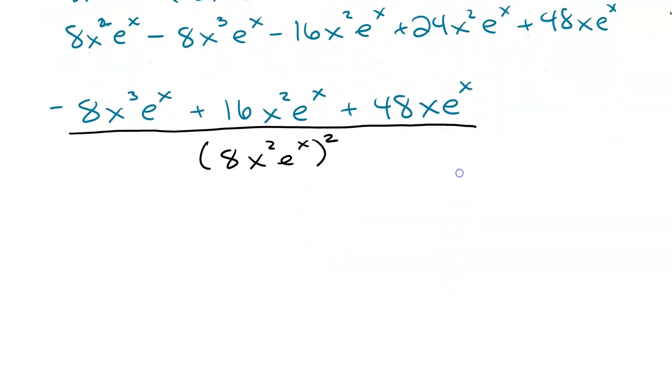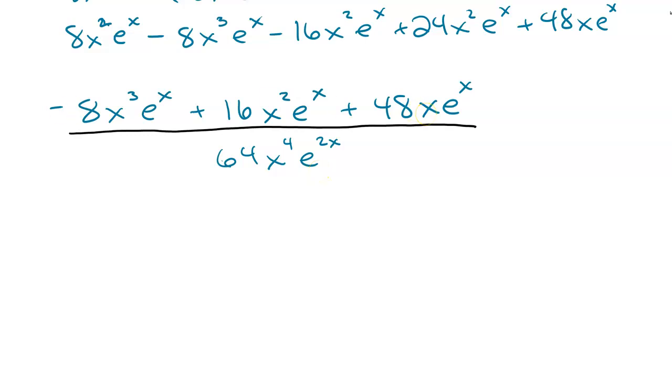And I can't really tell if I can simplify that or not. So let's go ahead and square it. So that would be 64x to the 4th e to the 2x. Okay, so yeah, I can actually simplify that, can't I? Not by much, but I can.